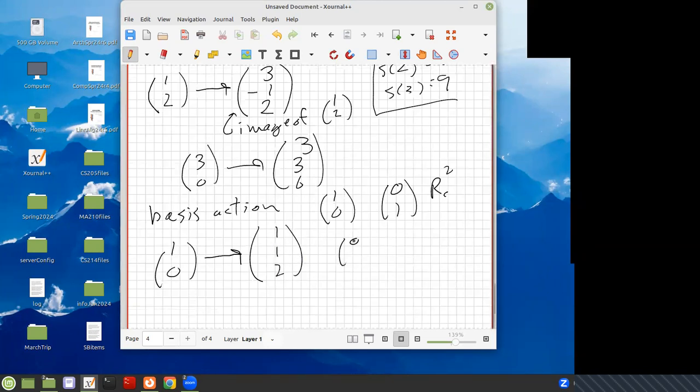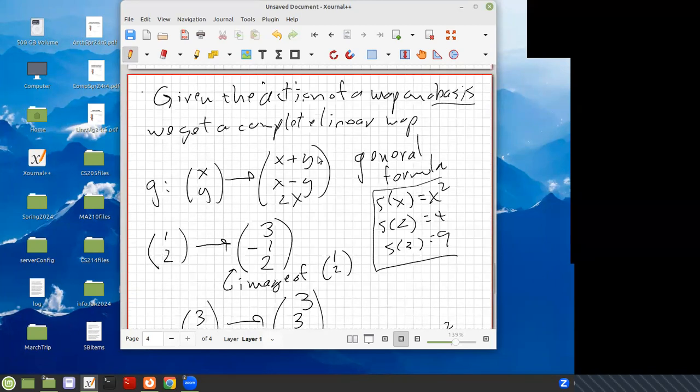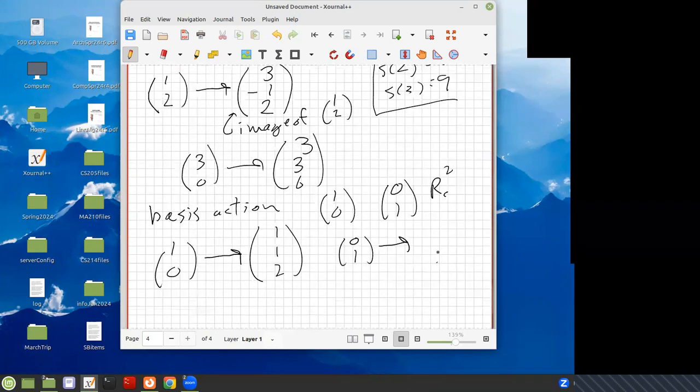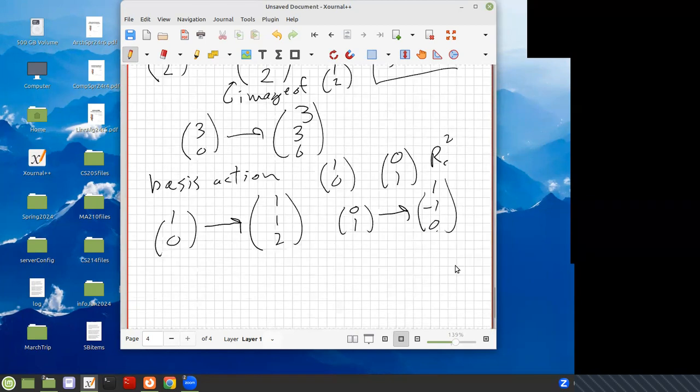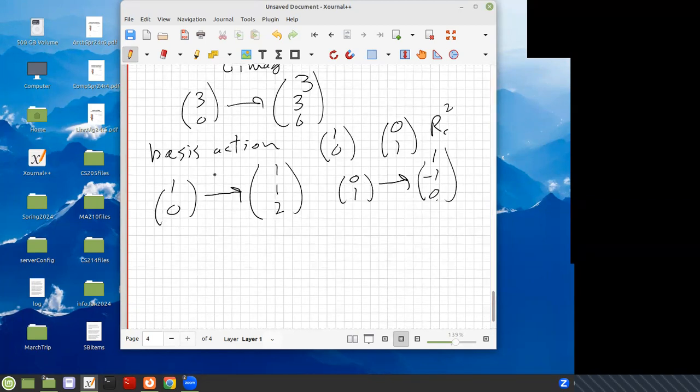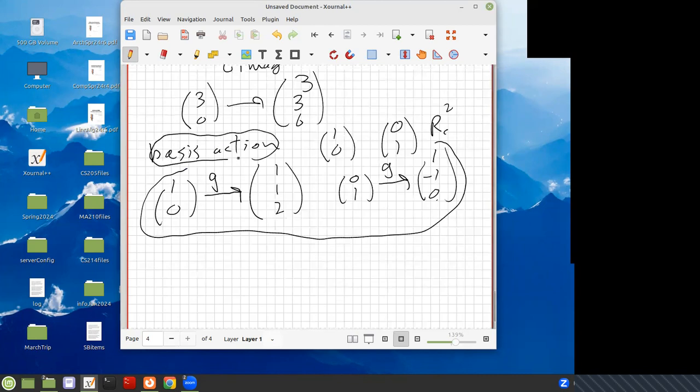And (0, 1) goes to, where y is 1 and x is 0, (1, minus 1, 0). Let's say I tell you, I want the linear map specified by this. I'm going to call this a basis action, on this basis here.